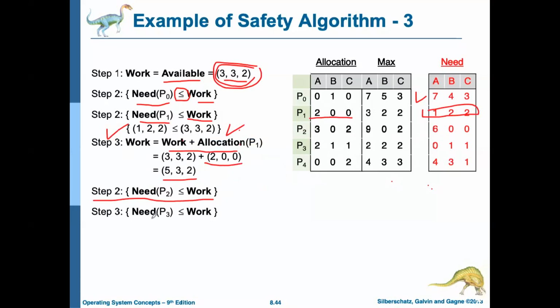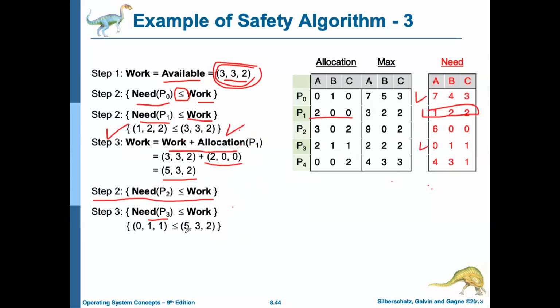So go to step 3 for P3. P1 is done. Sorry, P2 is done, and then go to P3. 0, 1, 1 is the need for P3. Next is P3. Go for this and check.